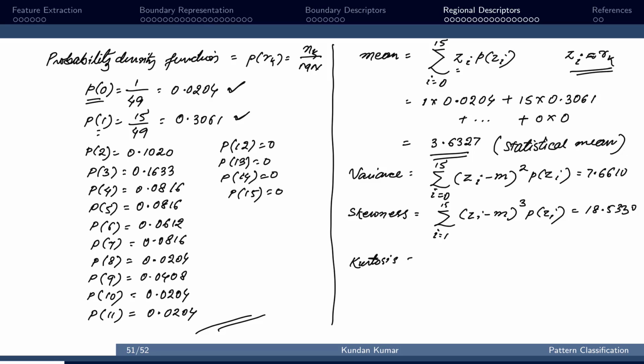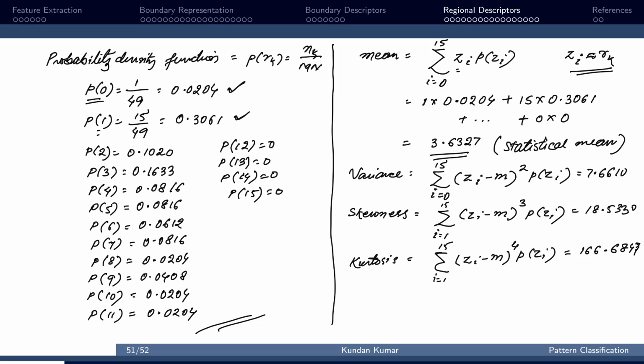So we can compute the kurtosis. When n is 4, it will give you the kurtosis, 166.6847.